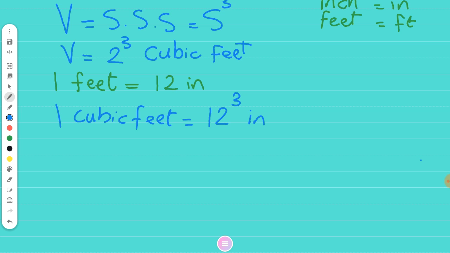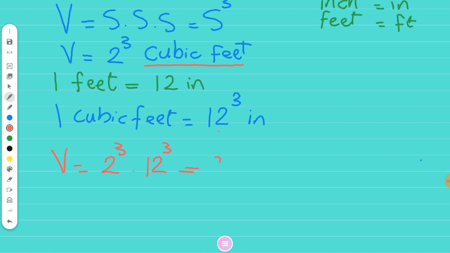So it's to the power 3. Now I need the volume in inches. So instead of cubic feet, we will put 12 to the power 3 inches. So volume equals 2 to the power 3 times 12 to the power 3. Now the answer can be written in cubic inches. Yes? I can write it another way. How?